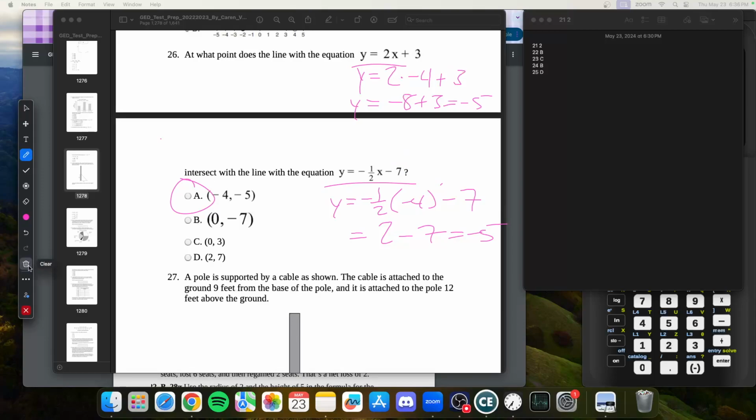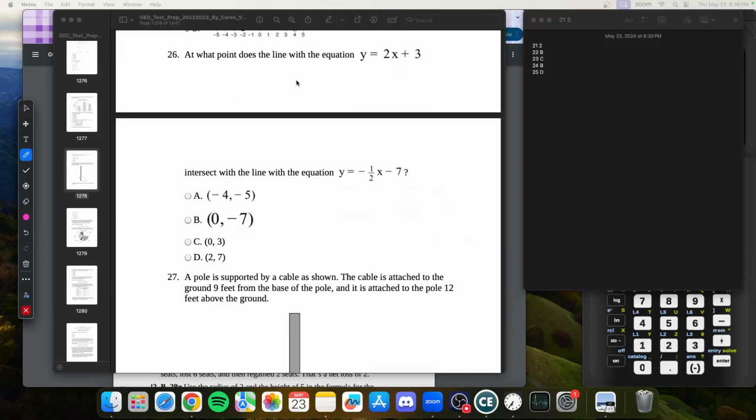So the traditional way that they teach you how to solve this problem in school is to set the equations equal to each other. So if you have y equals 2x plus 3 and y equals -1/2 x minus 7, go ahead and set them equal to each other. 2x plus 3 equals -1/2 x minus 7. So here you need to combine like terms.